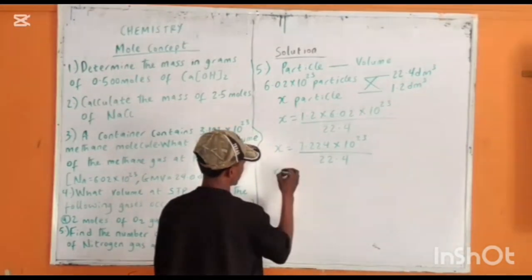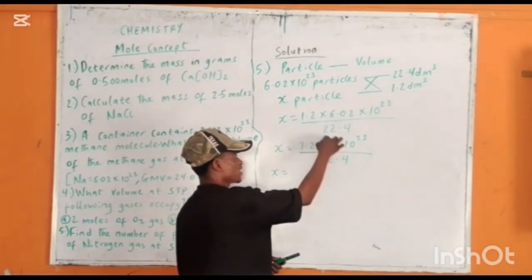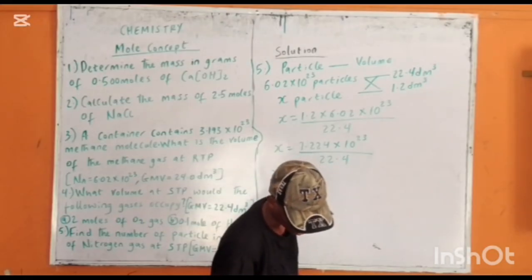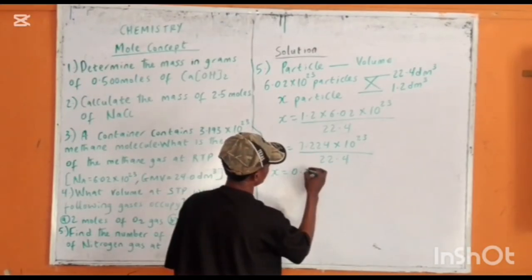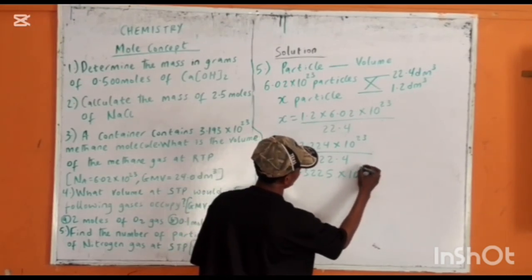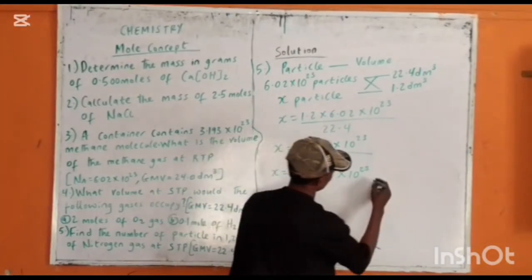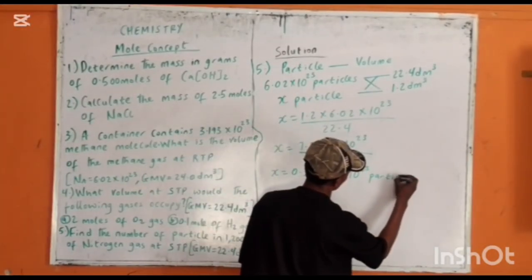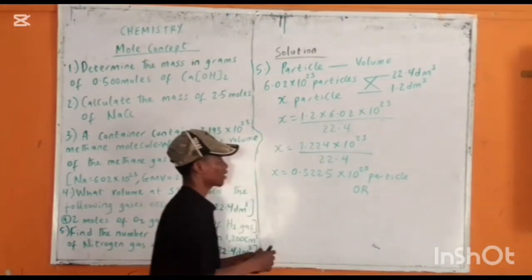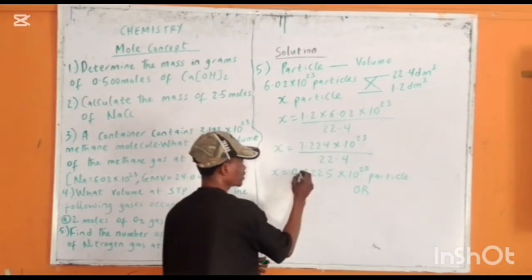So my x equals to this divided by this. So we have 0.3225 multiplied by 10 raised to the power 23 particles. Or better still, I can raise this to standard form by moving my point here.